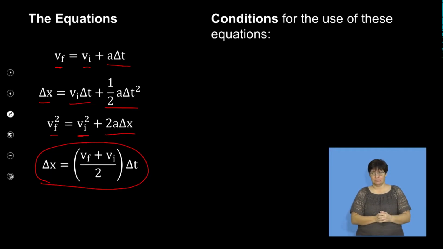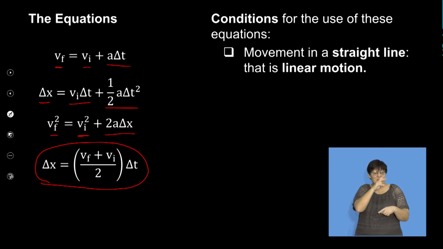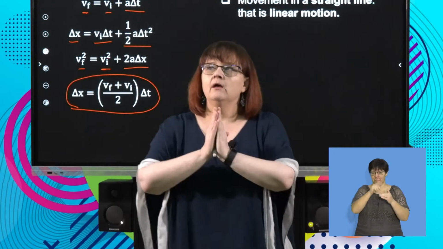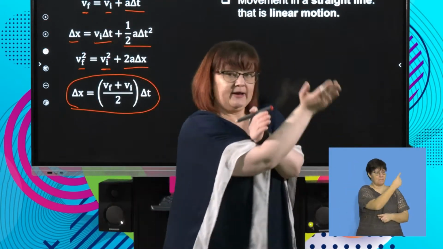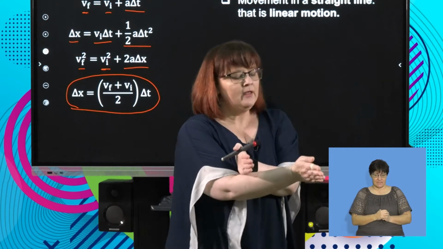So, the conditions for our use of these equations. The movement must be in a straight line. We are working with linear motion. Please be careful. There are situations, for example, if you have a pendulum, which is something that swings backwards and forwards, okay?